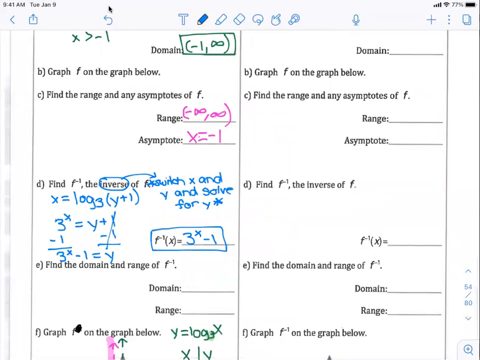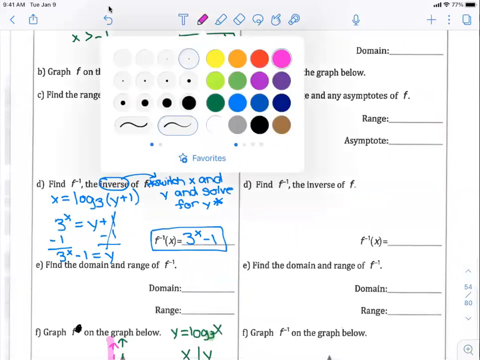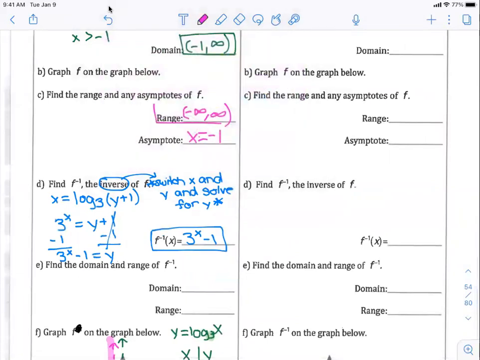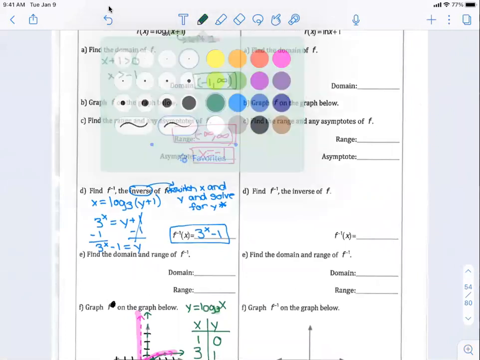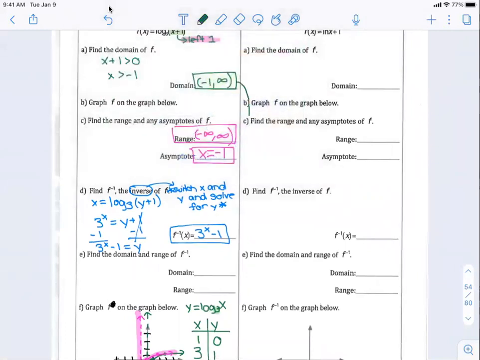Find the domain and range. Well, the domain and range is easy. You've already found that information out because if you recall, with inverses, the domain and the range flip. So if this is the domain of the original one, its inverse is the range here. So this is going to be -1 comma infinity.